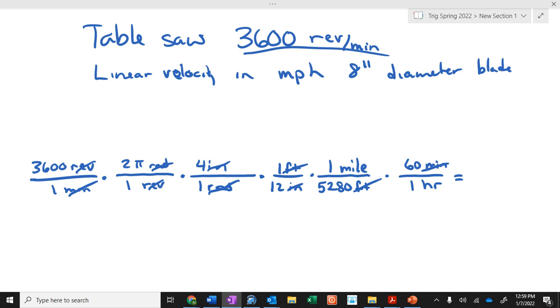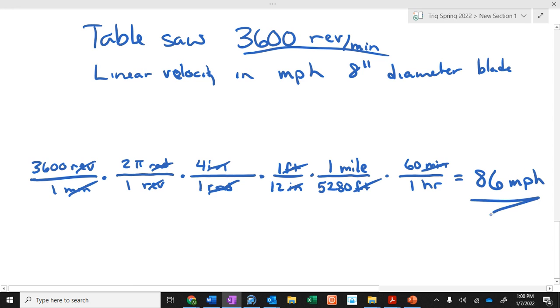And what do we get? What do you get, Grant? 85.679. So it's going approximately 86 miles per hour. That saw is moving right down that road.